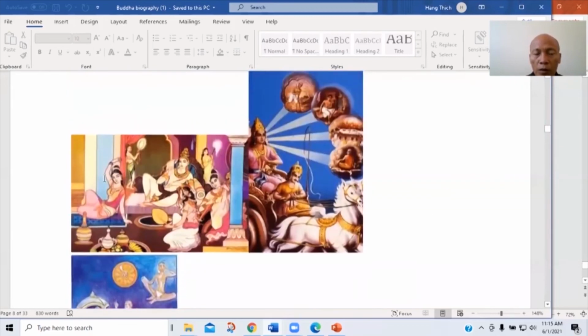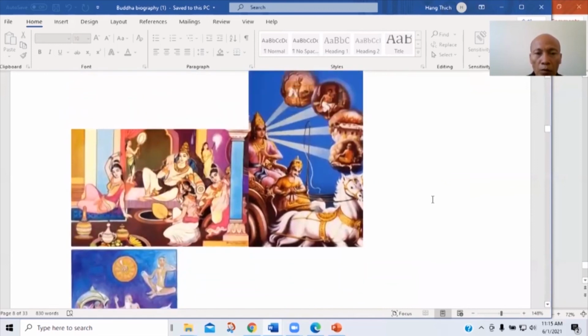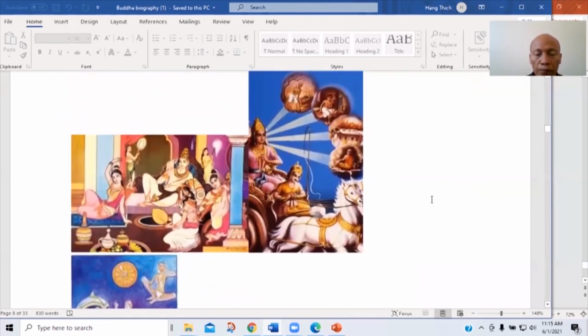So the king, his father Suddhodana, provided him all kinds of entertainment to keep him in the palace, so that eventually he could become the next king. That's what his father hoped. But somehow later on, at the age of 19, he got married.